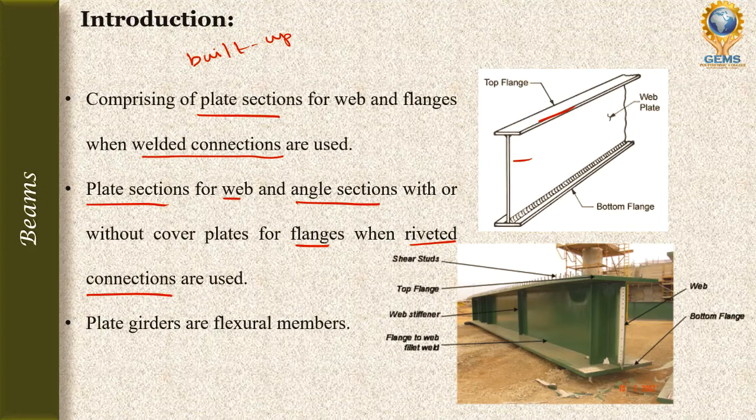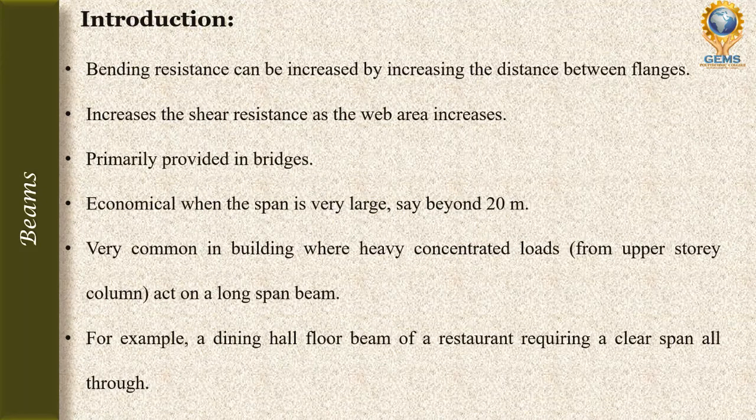These plate girders are flexural members. Flexural members means the members which are subjected to bending. The bending resistance of the plate girders can be increased by increasing the distance between the flanges.